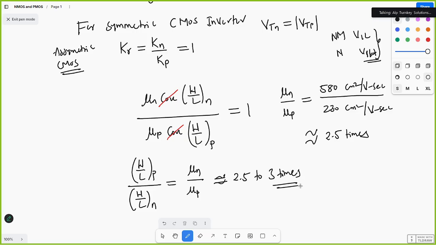So the PMOS size will be about 2.5 to 3 times more than the NMOS. Do you understand how we got this?